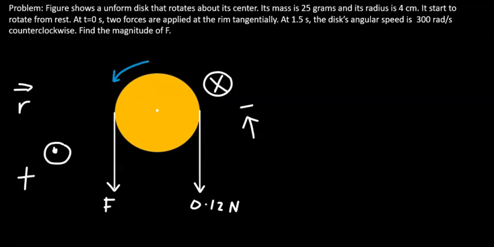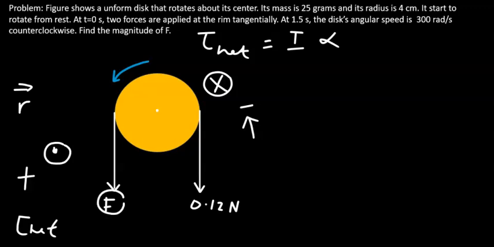Now let's apply Newton's second law for rotation. Net torque equals moment of inertia times angular acceleration of the wheel. So the net torque is the torque due to this, which is positive in nature, and that's given by force times the moment arm. The magnitude of the moment arm is just the same as the radius of the wheel, 0.04 meter, and that's plus the negative torque.